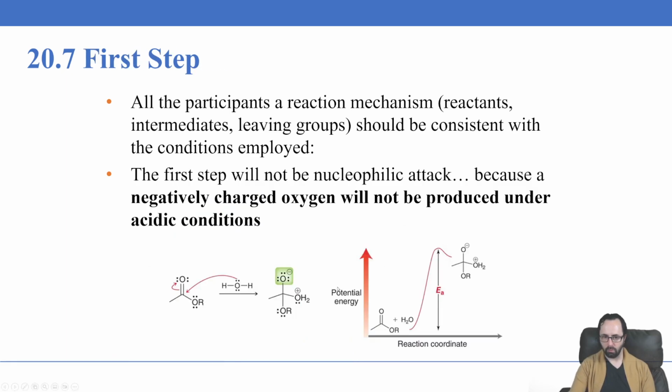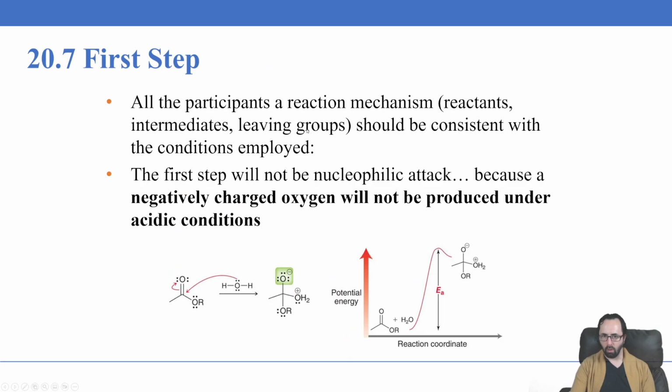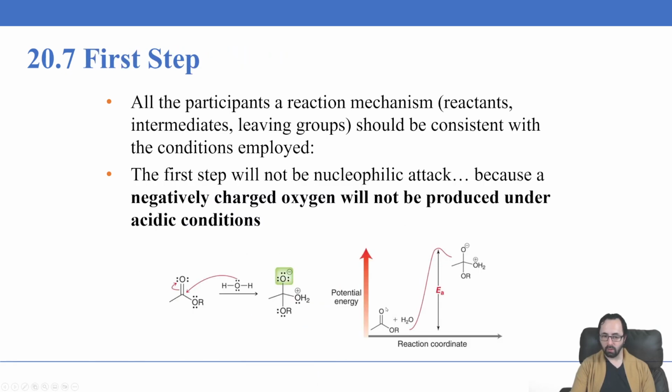Okay, so let's show the actual mechanism. This would be under acidic conditions. All the participants in the reaction mechanism should be consistent with what's employed. So the first step will not be the nucleophilic attack. As I said, the first step has to be the protonation, not the nucleophilic attack.